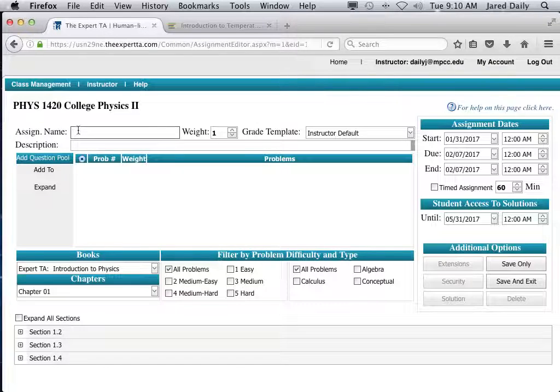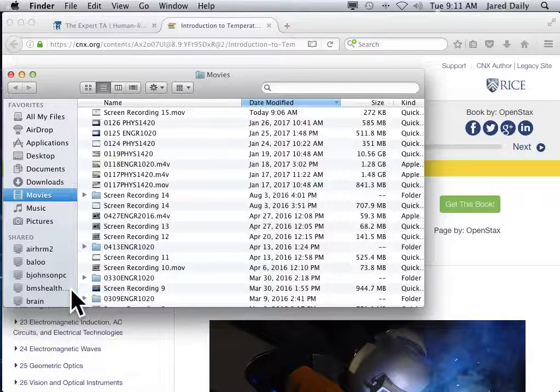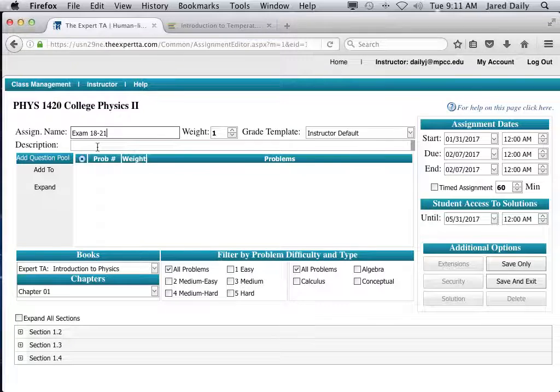This assignment will be exam, and we'll call it exam 18 through 21, because we'll cover those chapters. This will be a midterm. And the grading template will be that.